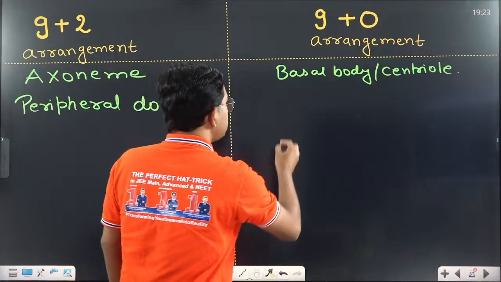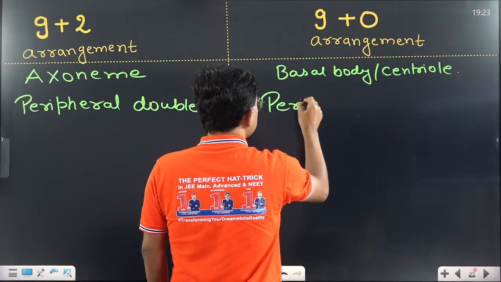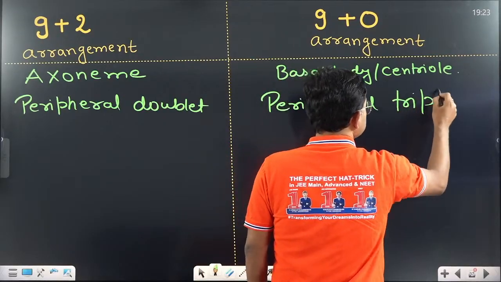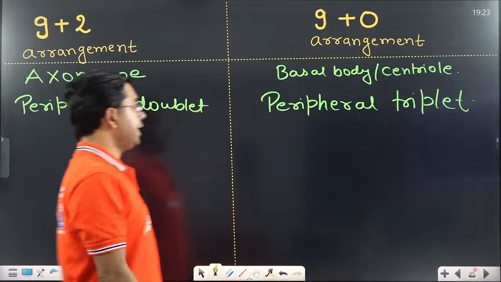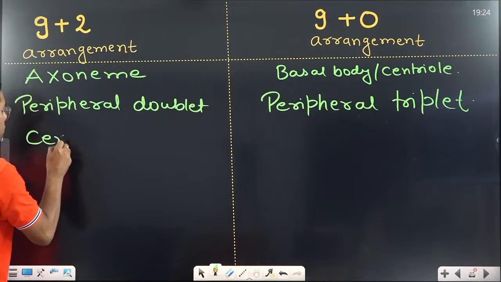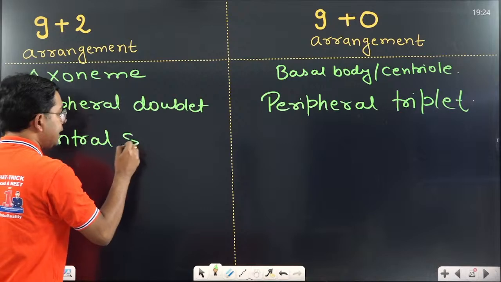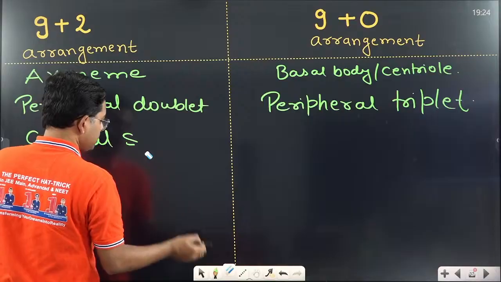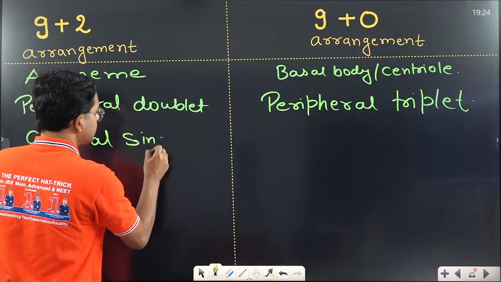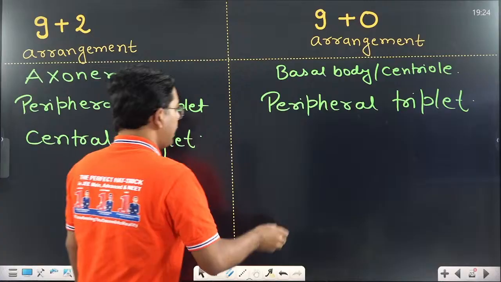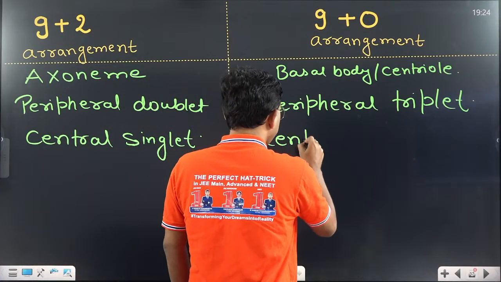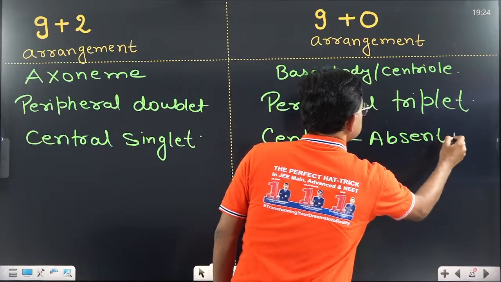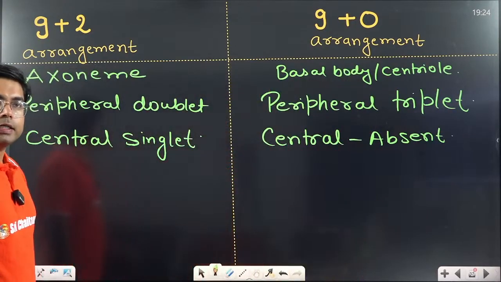Now central singlet is present in 9+2, and here central is absent. Is this point clear?